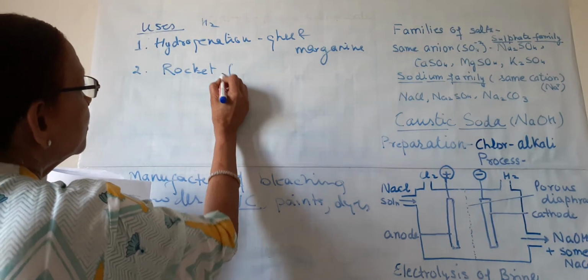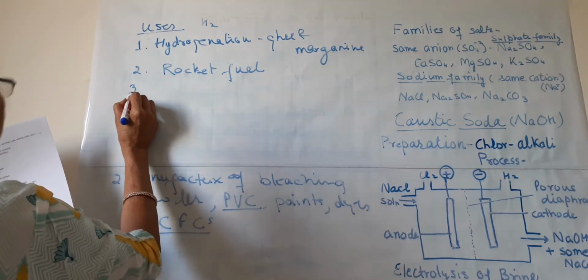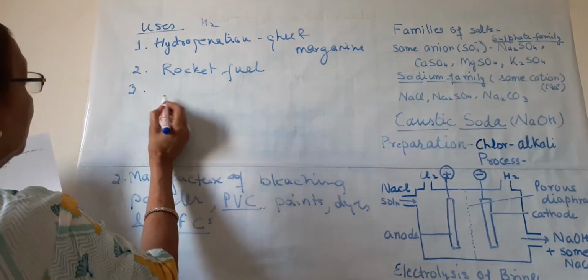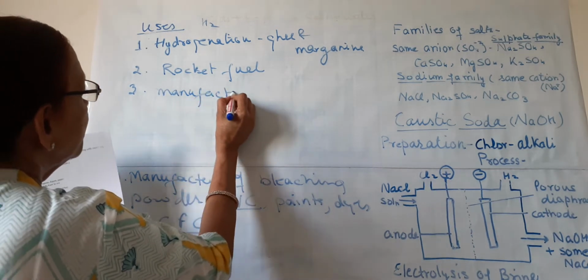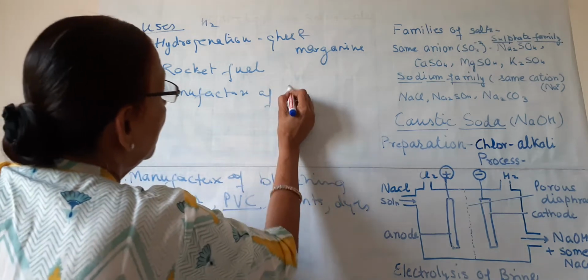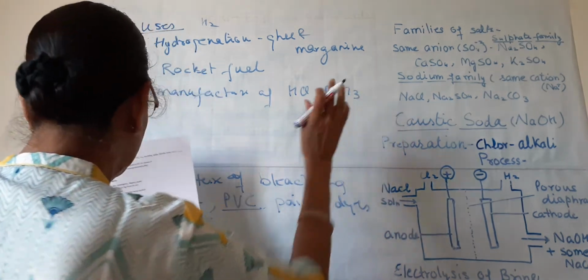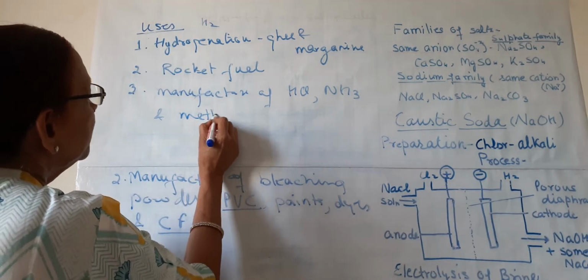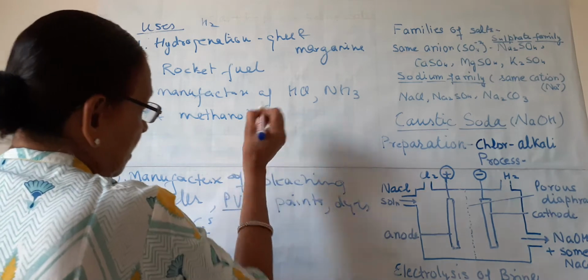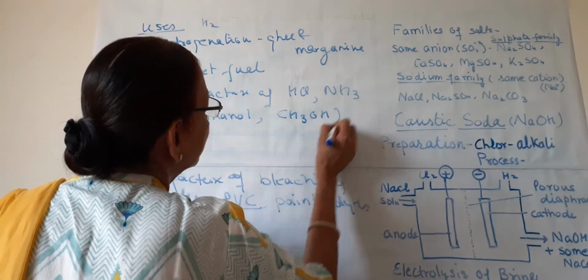Hydrogen is also used as rocket fuel, and in the manufacture of hydrochloric acid, ammonia, and methanol also. Methanol is methyl alcohol, CH3OH.